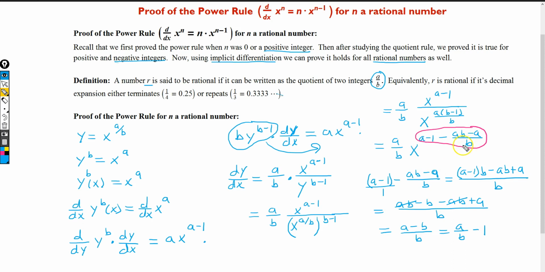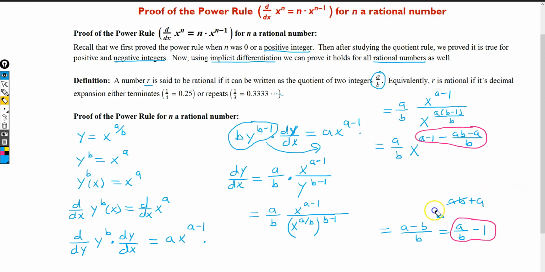Coming back up here, what's circled in red is equal to this. We've just shown it's equal to this right here. So we'll erase this part, since we've done that work already.